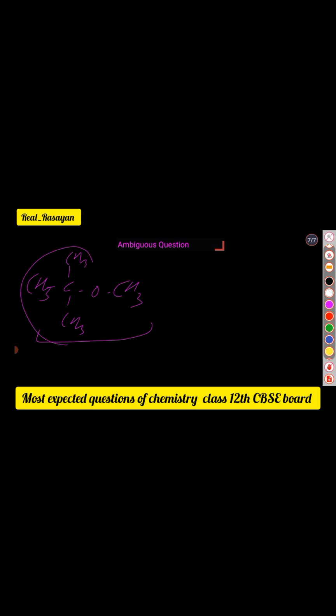This part is R O R along with HI. So what are the possible products of this reaction? Write down your answer in the comment section. Hope you will find easily the desired answer.